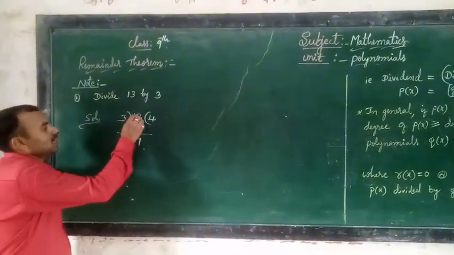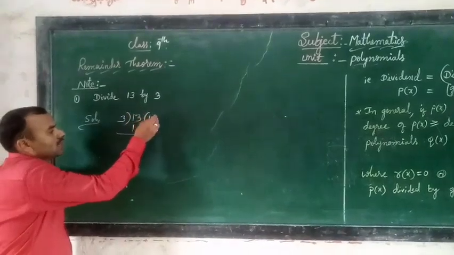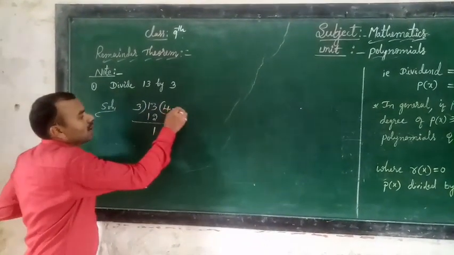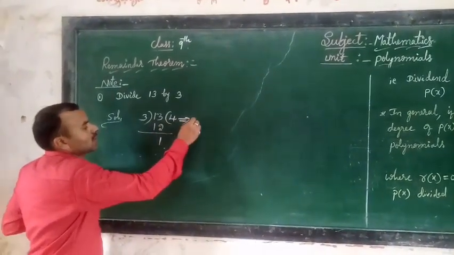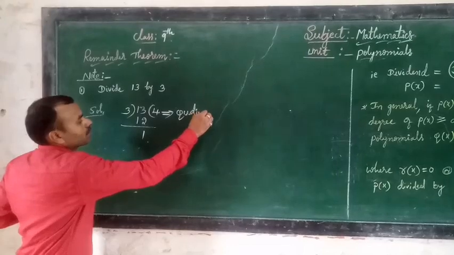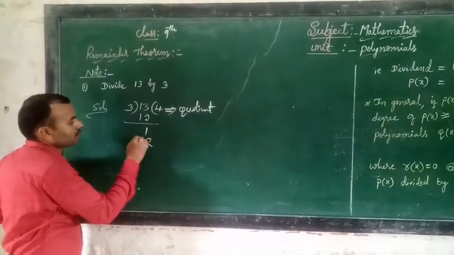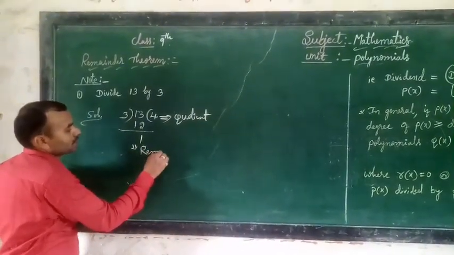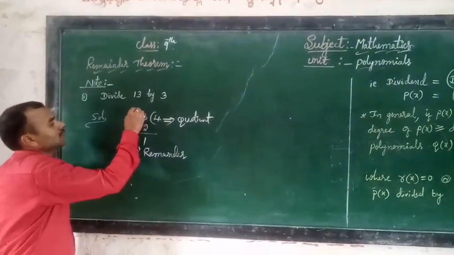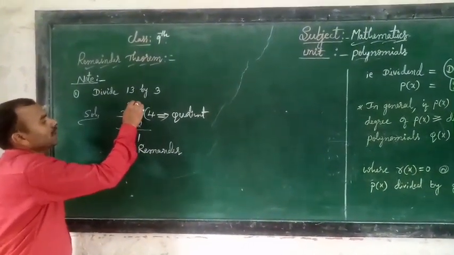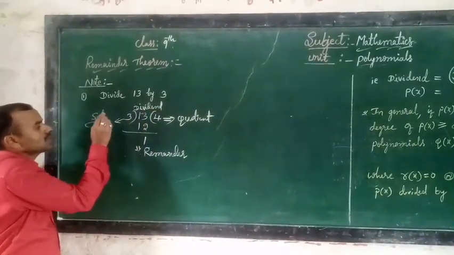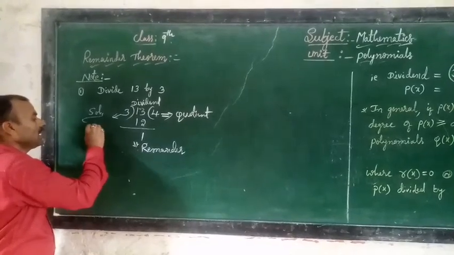In this, these 3, 4 and 1 have places: this is the place of quotient, this is the remainder, this is the dividend and this is the divisor.